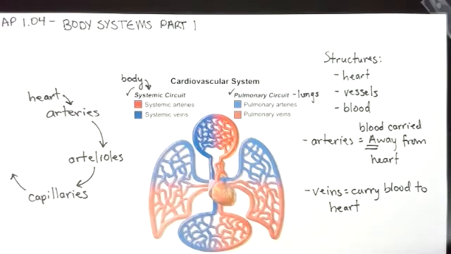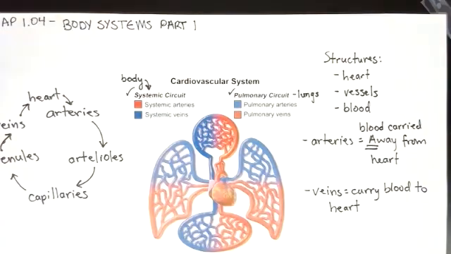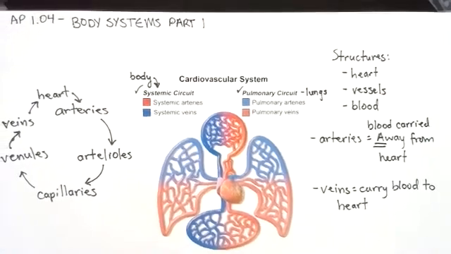We don't have veins. We have intermediate vessels called venules. The venules then take the blood to veins, and the veins carry it back to the heart. Oops, I cut off. Let me pull my camera over here just a little bit. I realized I cut off my V's. There we go.